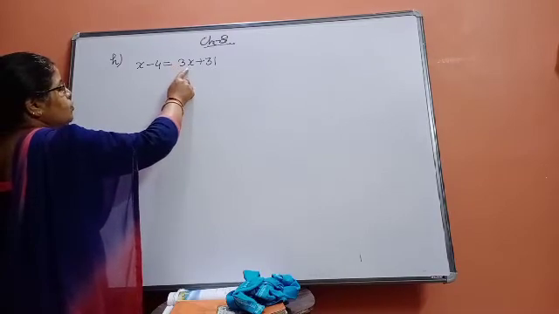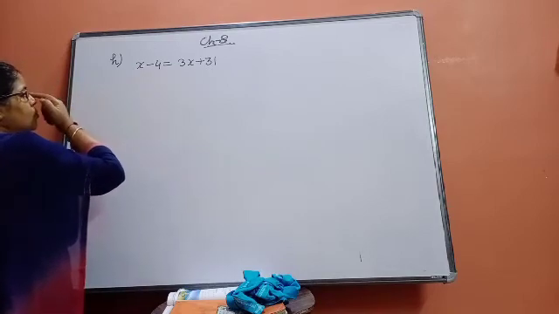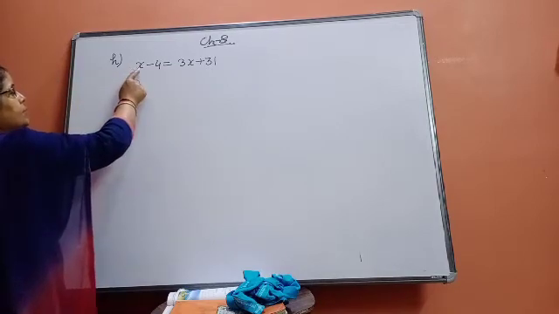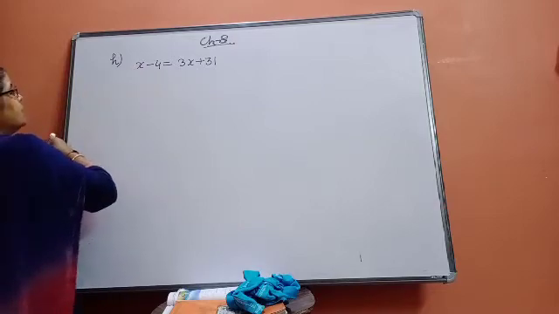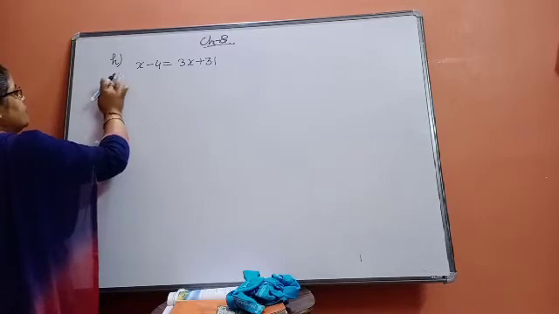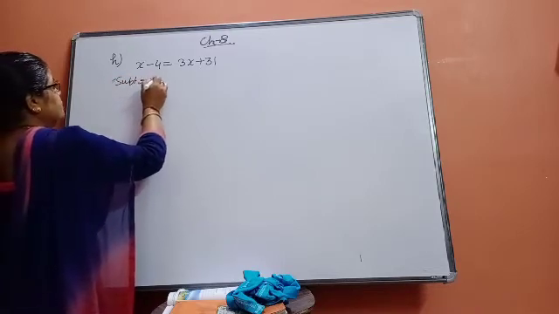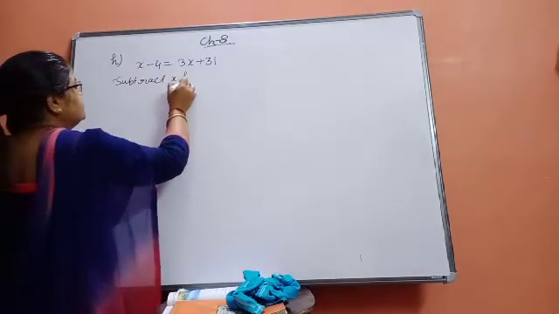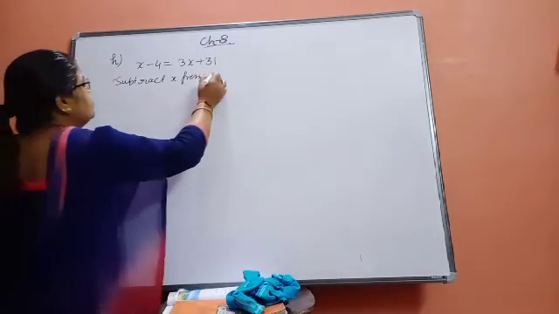Whether you remove it from this side or that side depends on you. Better that you remove it from this side. Here plus x is there, so subtract x from both sides.